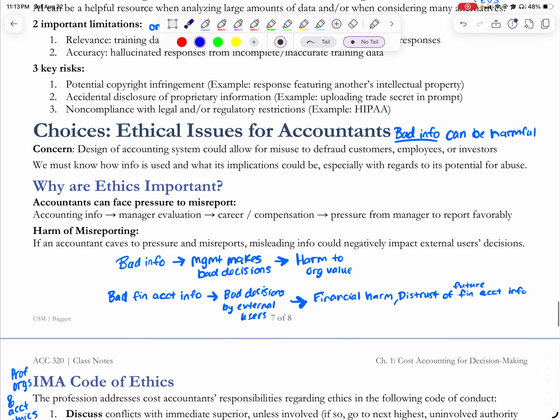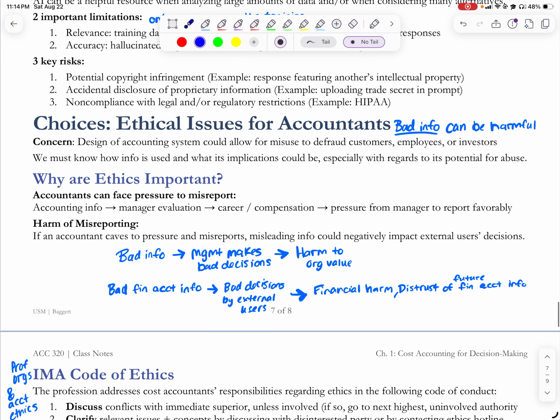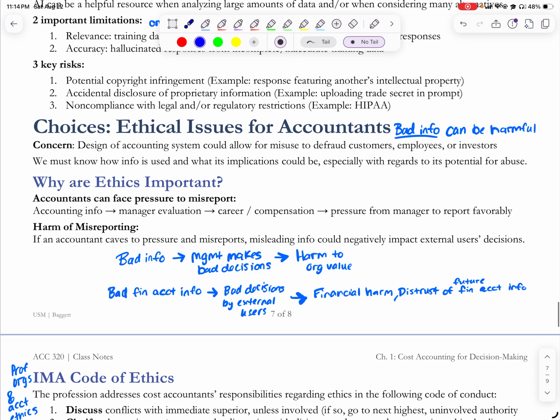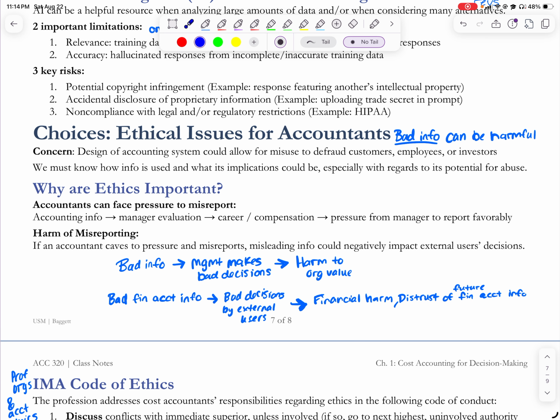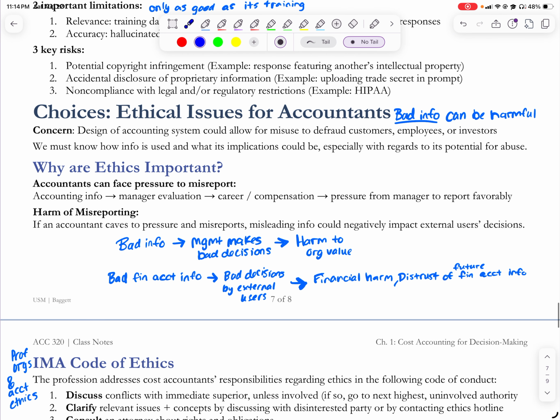Talking about ethics, we'll discuss concerns about ethical issues in financial accounting, but also more specifically for cost accounting. We likely remember that we're concerned about ethics in financial accounting, right?